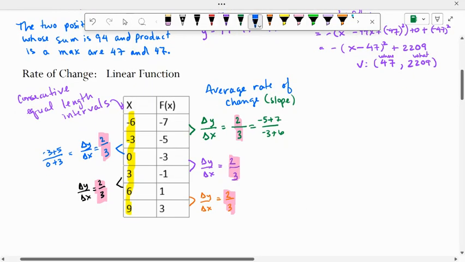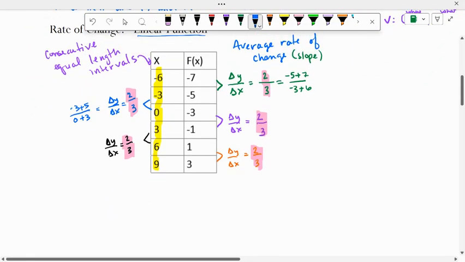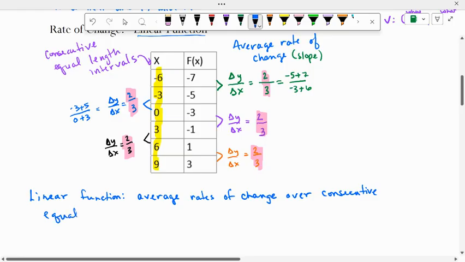So what my statement is for a linear function, and this is going to be AP language: a linear function can be defined where the average rates of change over consecutive equal length input value intervals is a constant function.